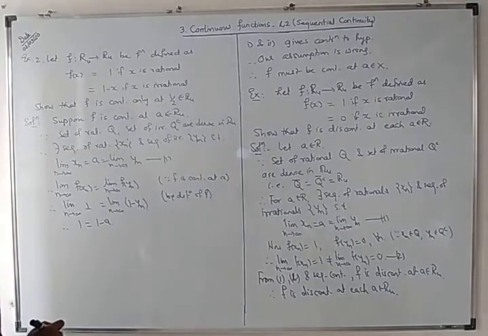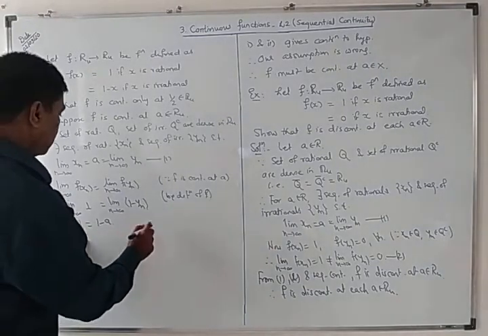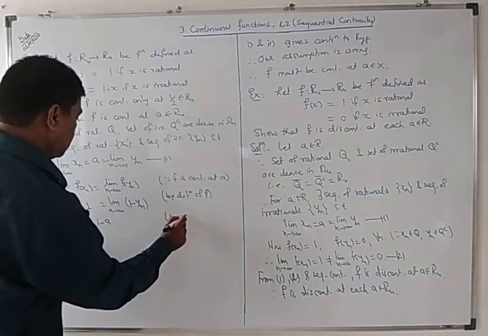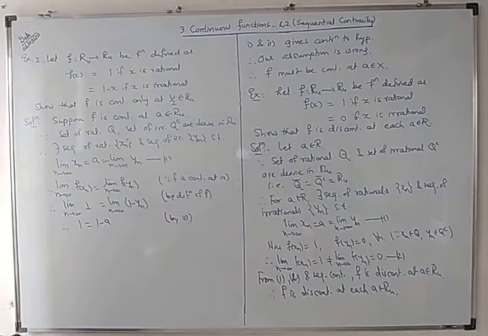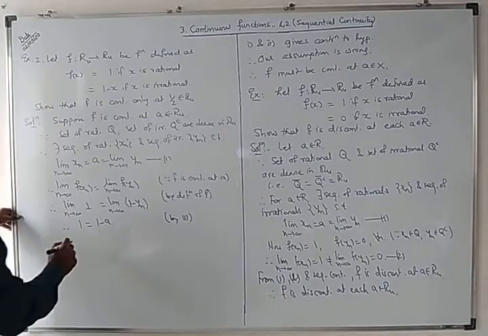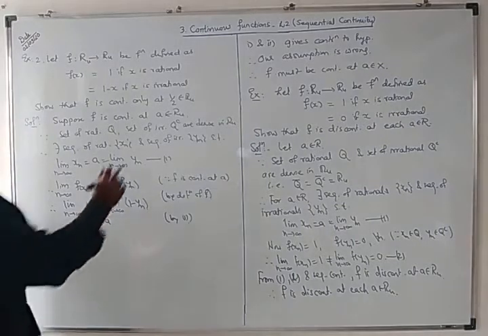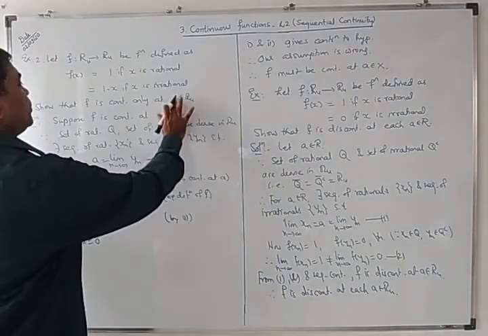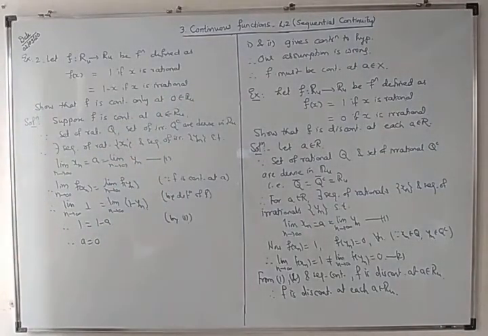So by (1), taking a and 1 on one side, we get a equal to 0. So f is only continuous at 0 here.